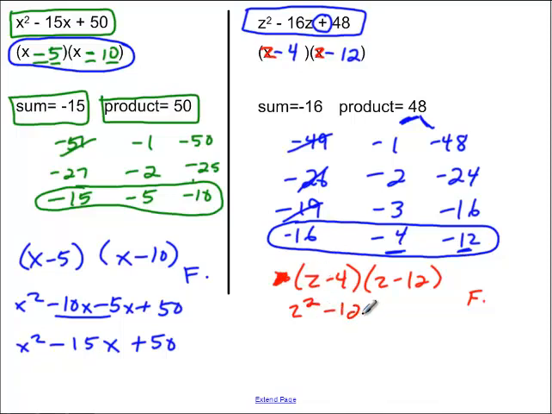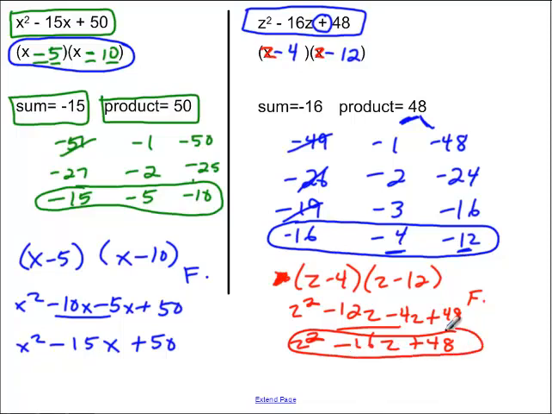Outside terms, minus 12Z. Inside terms, minus 4Z. Last terms, plus 48. Combine the like terms. We've got Z squared minus 16Z plus 48. Is that what we had? Right there is what we had. So yes, that is a correct factorization right there.